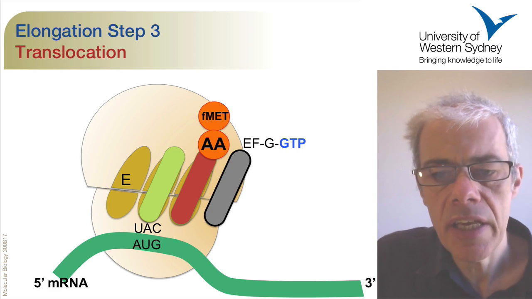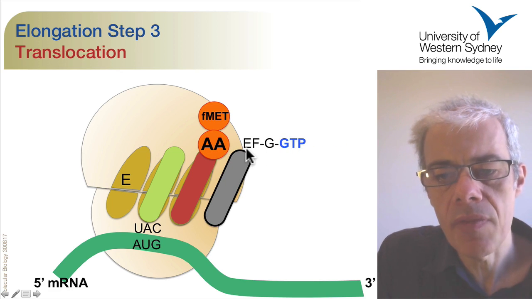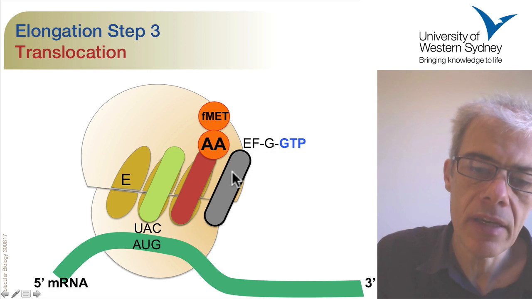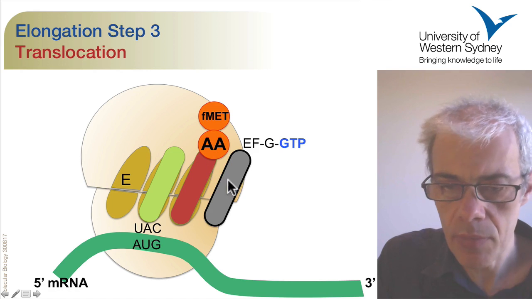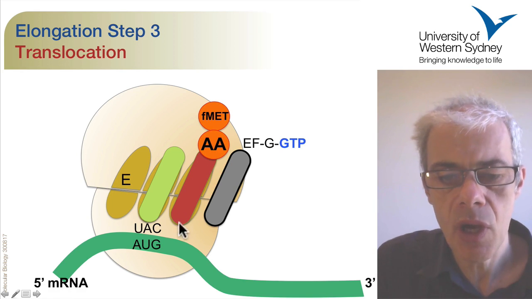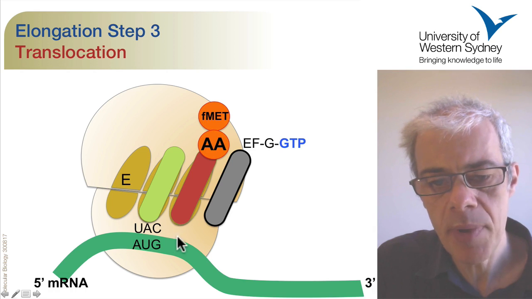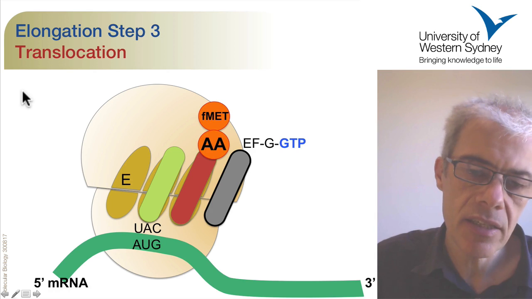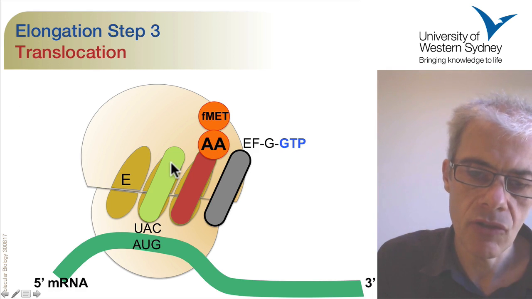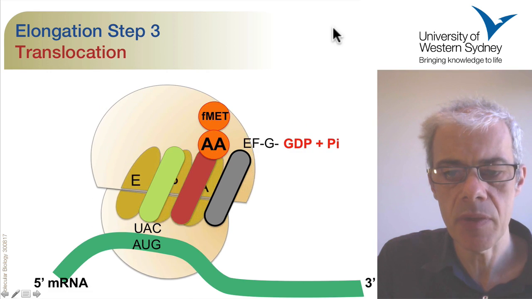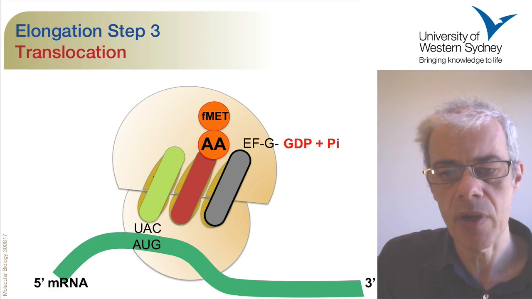So in this animation here, I'm showing the involvement of the elongation factor and the hydrolysis of the GTP to drive the ribosome to move along the messenger RNA. I'm also showing the base pairing between the transfer RNA and the messenger RNA and the exit of the transfer RNA. So there's a lot going on in this animation, but it gives you a hint of the process.